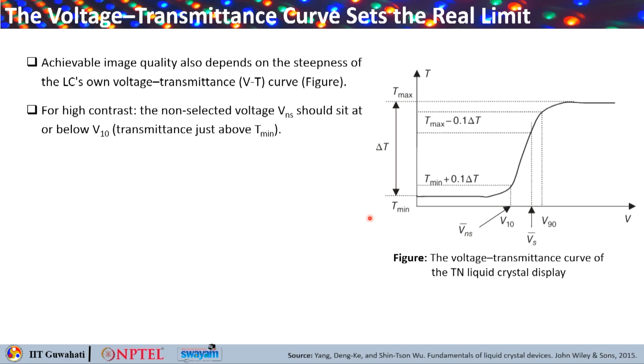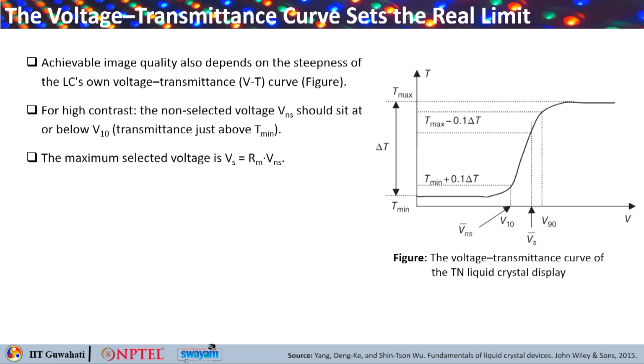Here you see that for high contrast ratio, the non-selected voltage Vs should sit at or below V10, that is, 10% of the actual voltage, and then this will be the typical rise time, T min and T max.